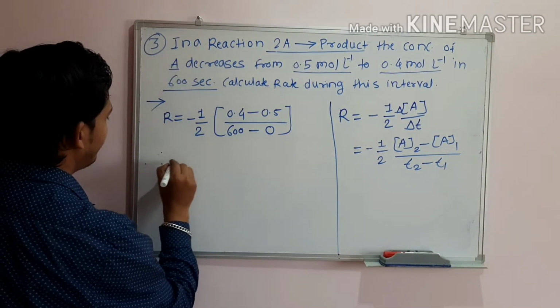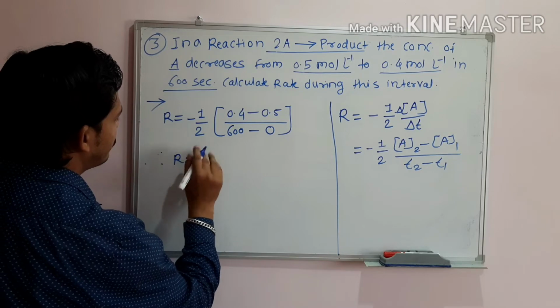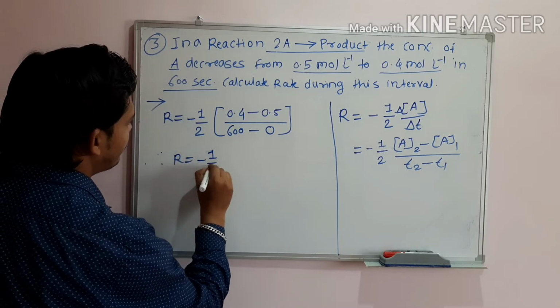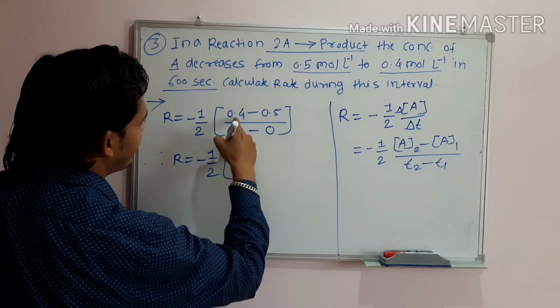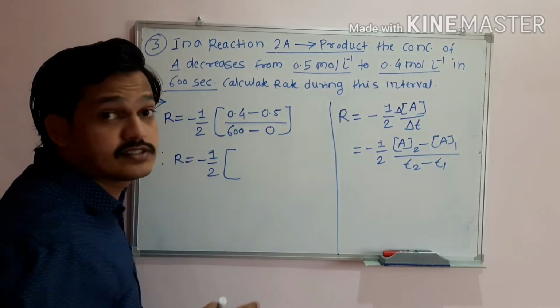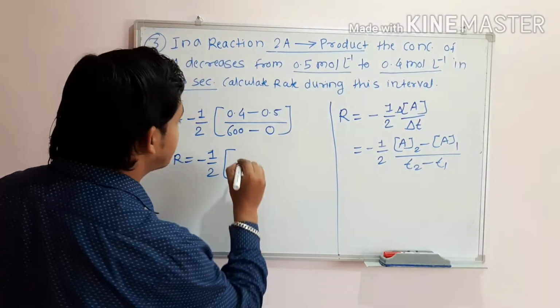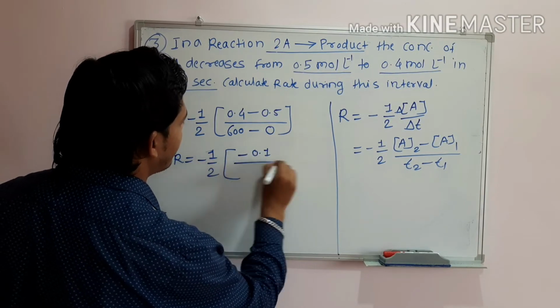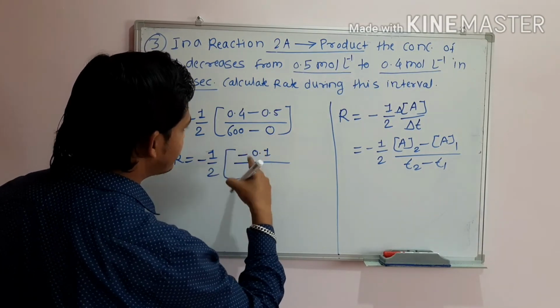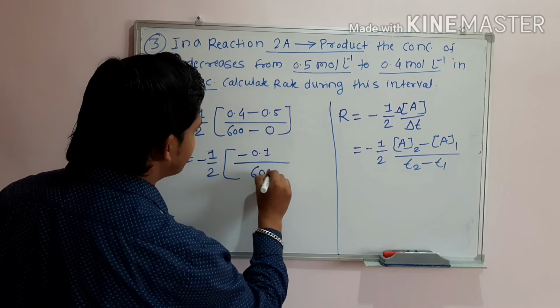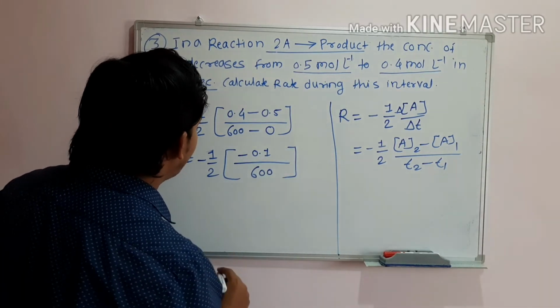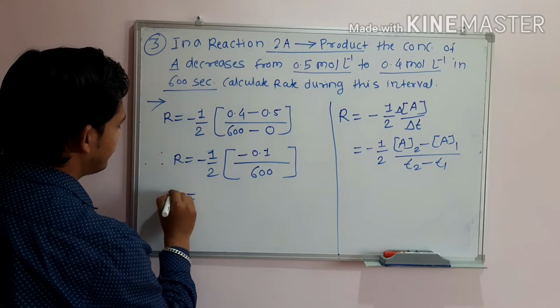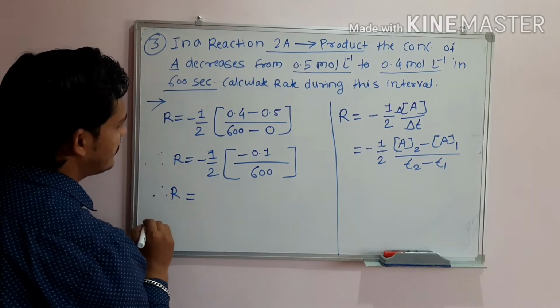Okay. Therefore, R is equal to minus 1 by 2 in bracket 0.4 minus 0.5, that is minus 0.1. Okay, 600 minus 0, that is 600. Okay, now we have to solve this.